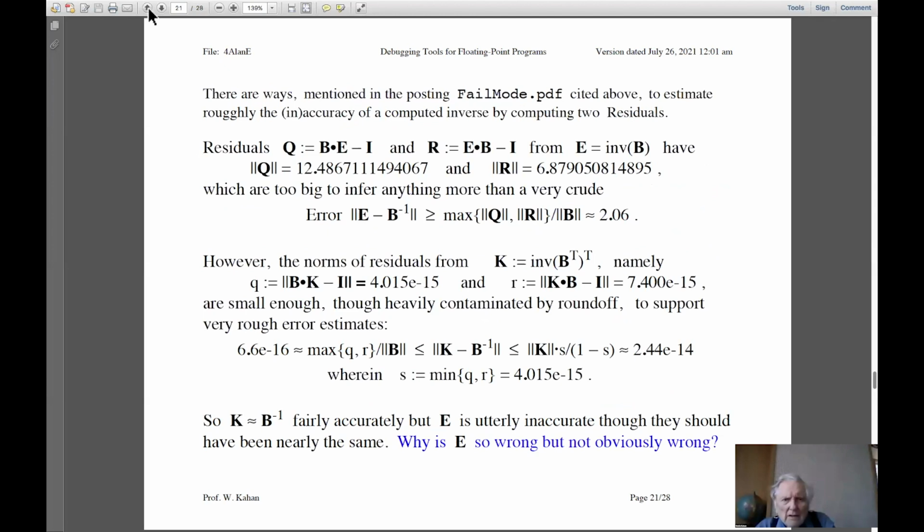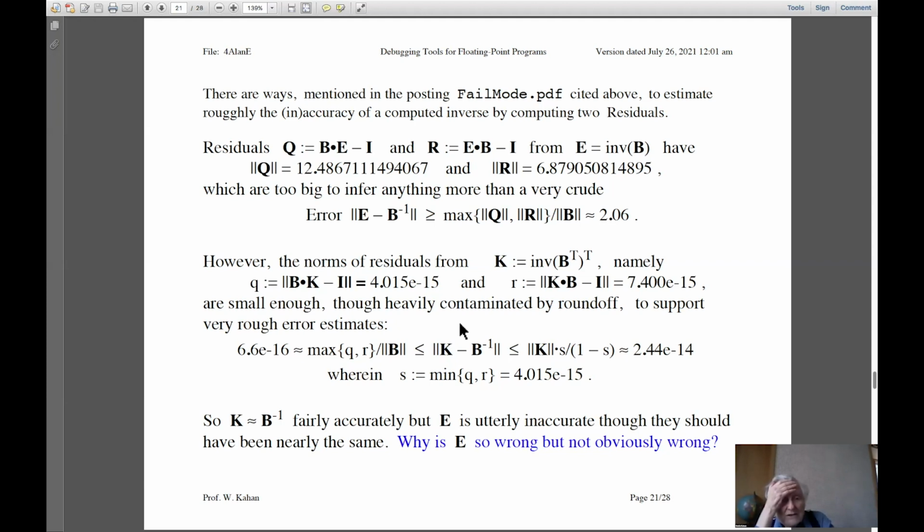Now, what about the residuals for K? Remember, K was the transpose of the computed inverse of the transpose. And so its norm is really tiny. The 2 residuals have very tiny norms, around 10 to the minus 14. Actually, those residuals are not very accurate, because the rounding error that accumulates just when you compute the residuals is not going to be much smaller than that.